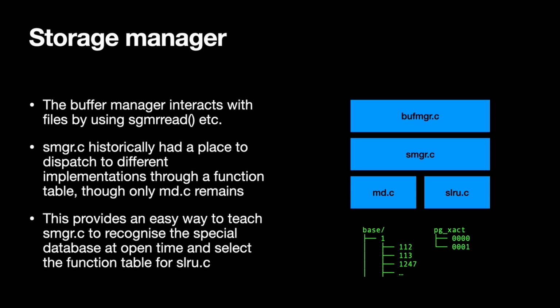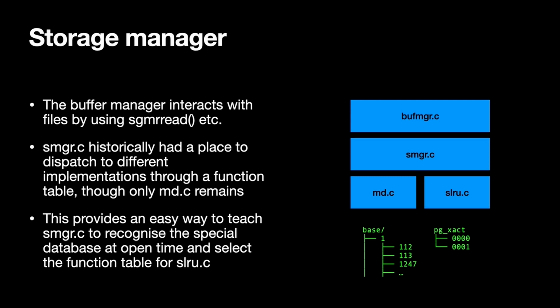It tells the storage manager to read and write for it. Now, historically, luckily, the storage manager code in smgr.c had a place to dispatch to different implementations. At the moment, there's only one implementation that handles regular files on disk, but that is an integration point for new kinds of storage. I don't know if it's the best integration point. It certainly works pretty nicely.